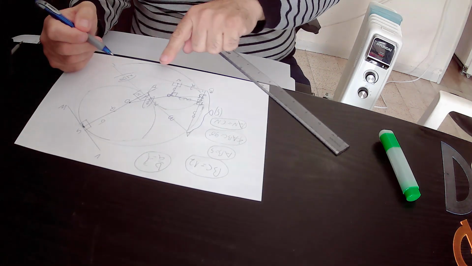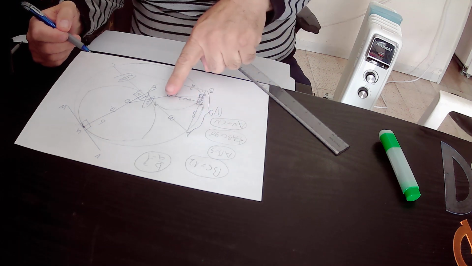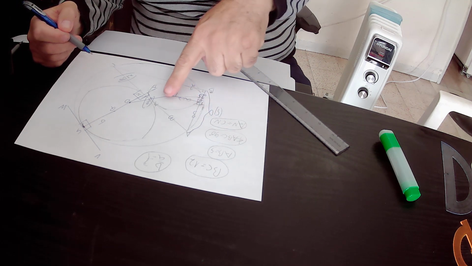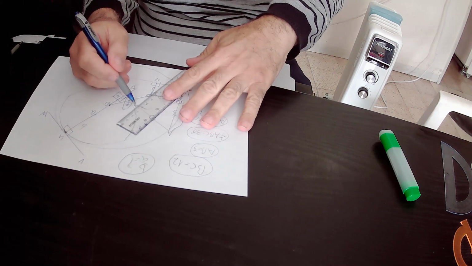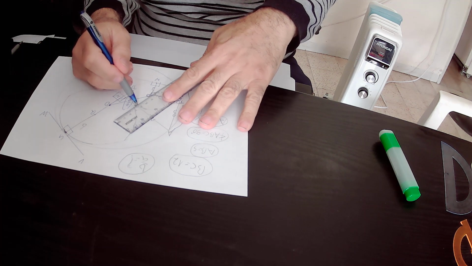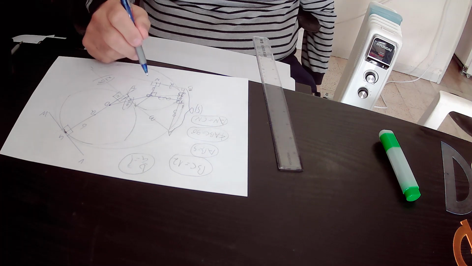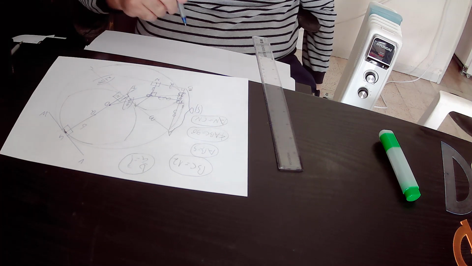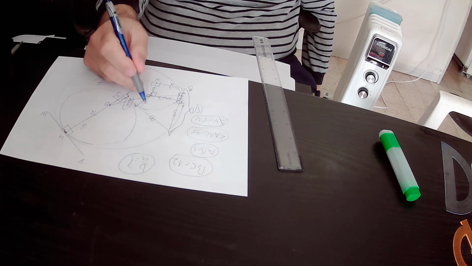We also know that CA is tangent to this circle at point M. We join points P and M together by a straight line. Point P is the center of this circle, and point M is a point on this circle itself. Therefore, PM is the radius of this circle that is equal to 2.